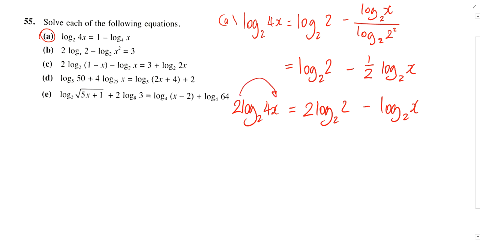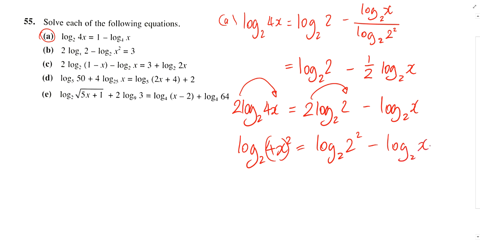Bring this 2 up here, is it? Then this one also bring up here? So am I right to say that this gives us log base 2 4x squared? Oh, okay. Log base 2 2 squared minus log base 2 x. Yes? Sharif, can you continue?